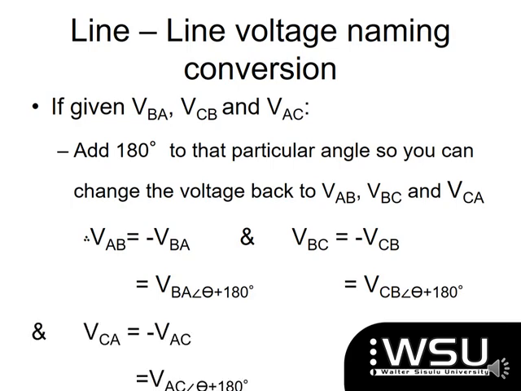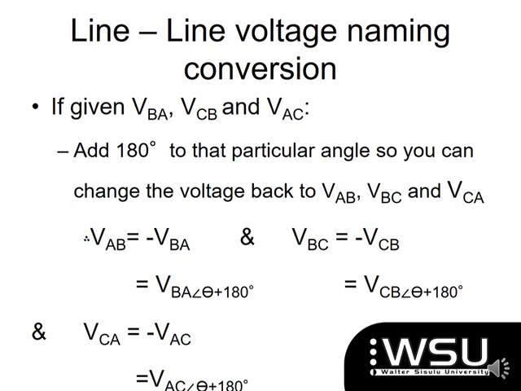And similarly at the bottom, I've got VCA, which is equal to negative VAC. So it's actually equal to VAC with the angle that comes with VAC, and then I need to add 180 degrees. That's how I get to the voltage with the name that it is given.